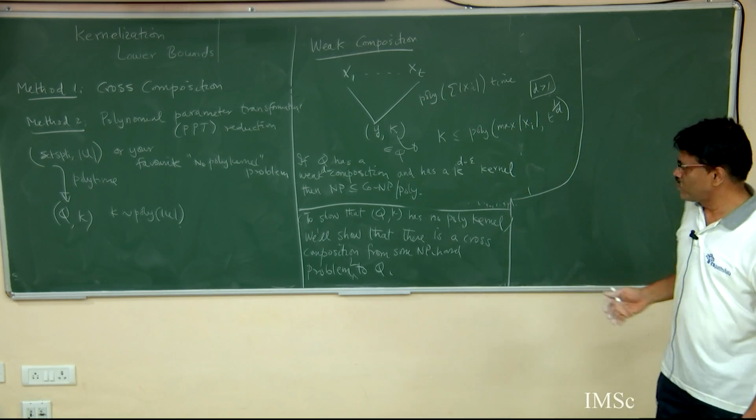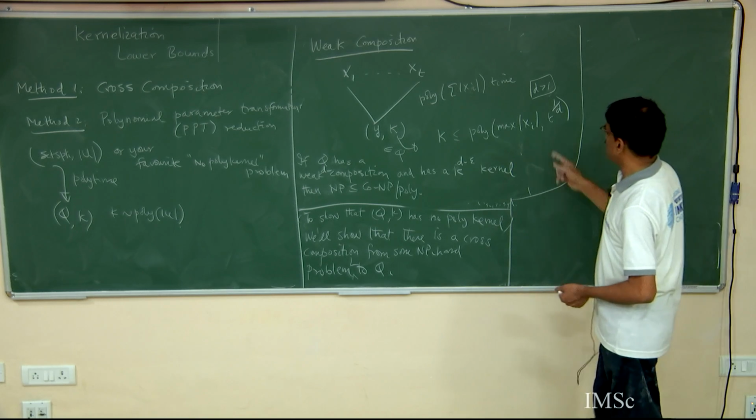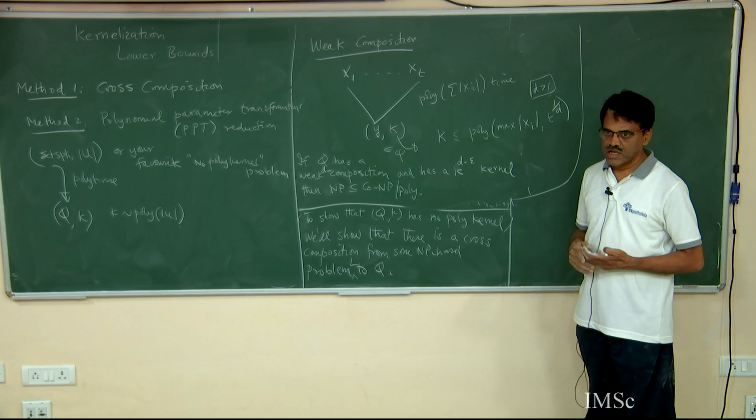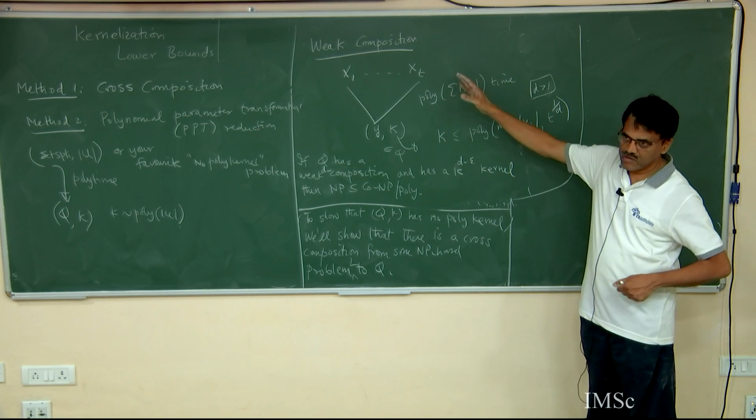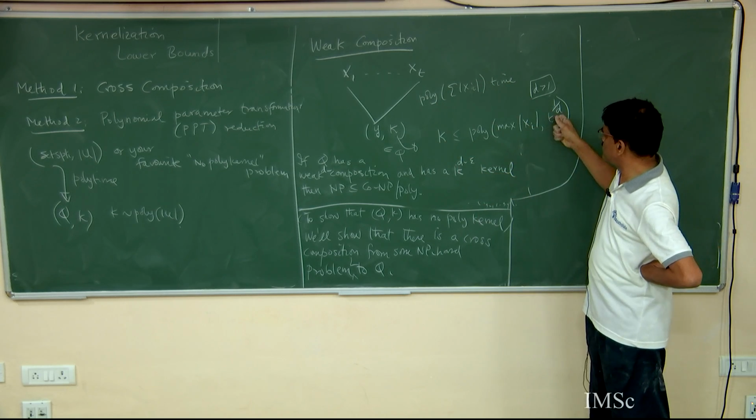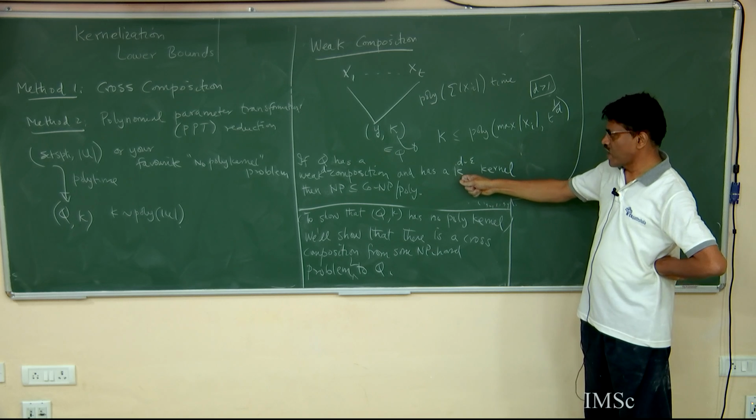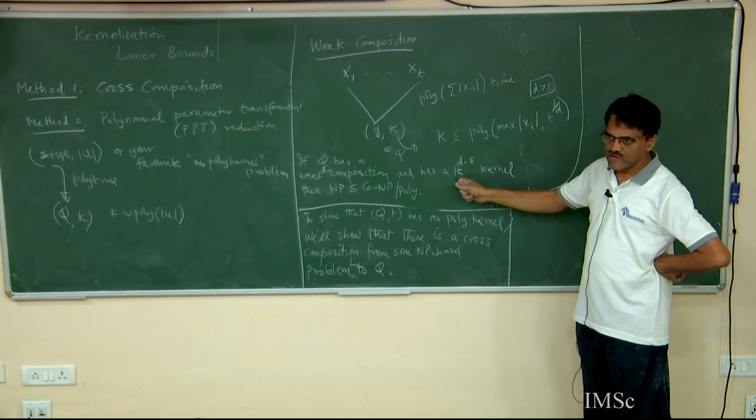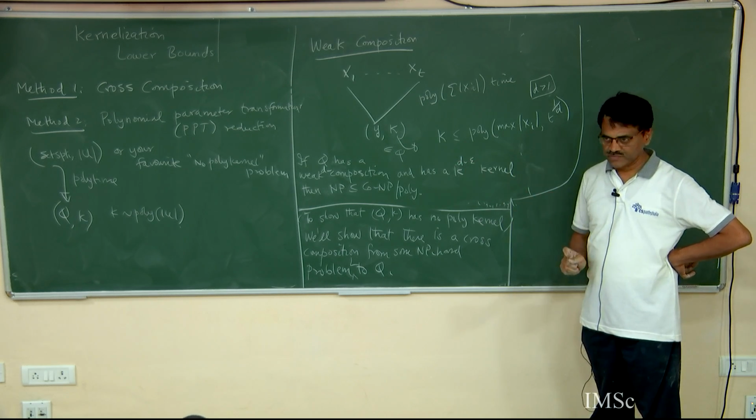We allowed a little more leeway. Now, you can say that by allowing this, if you have such a composition and if this is d, then one can show that you do not have a k power d minus epsilon kernel.